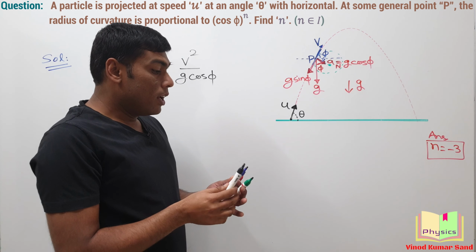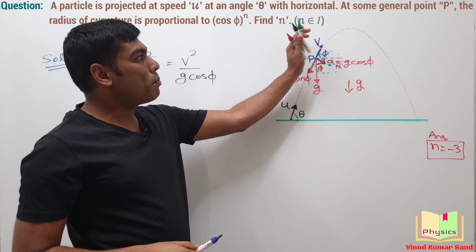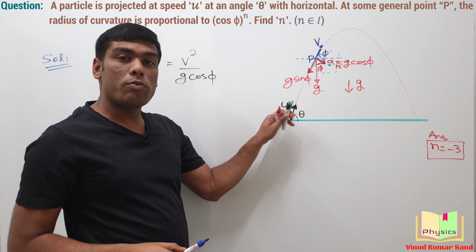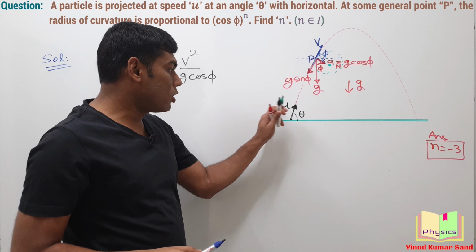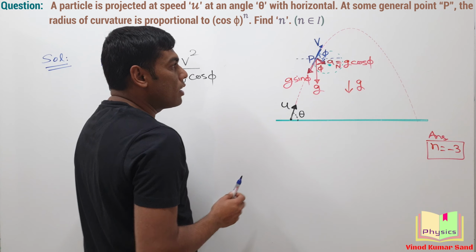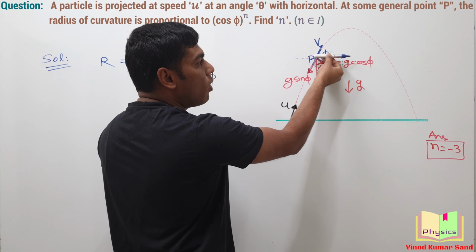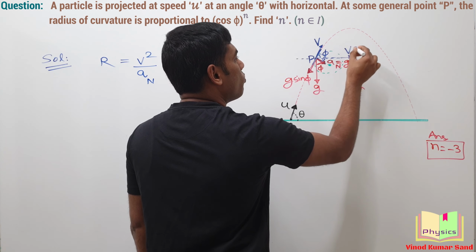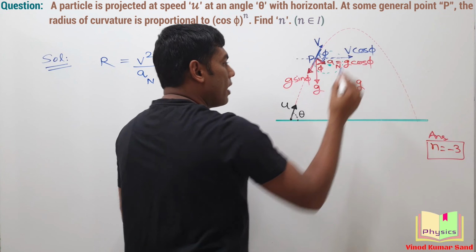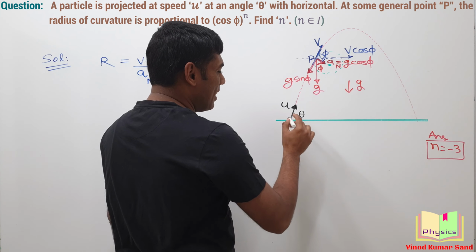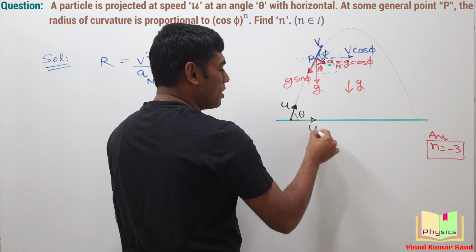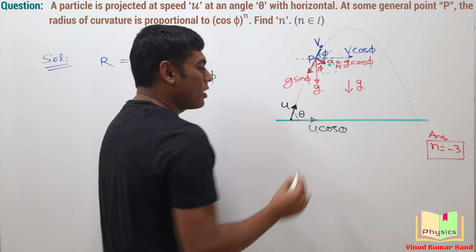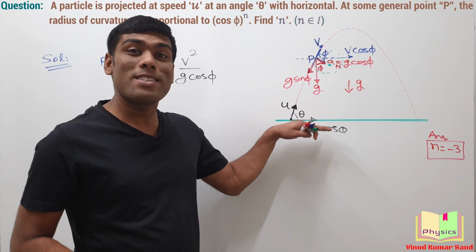Now we are going to obtain that v in terms of the given parameters u and theta. How can we do that? The v has a horizontal component here. This component we'll call v cos phi. And you remember, in this kind of projectile motion, the horizontal component of the velocity remains unchanged.